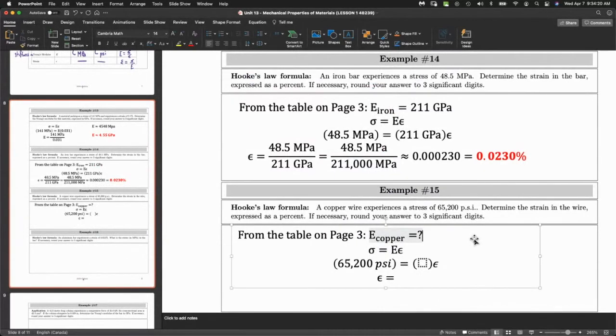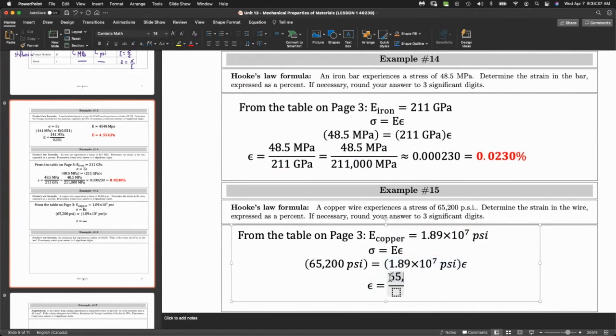So let's go over here and fill that in. So there's the number there, 1.89 times 10 to the 7 psi, which we can just toss in there. Then E, Young's modulus, is that.